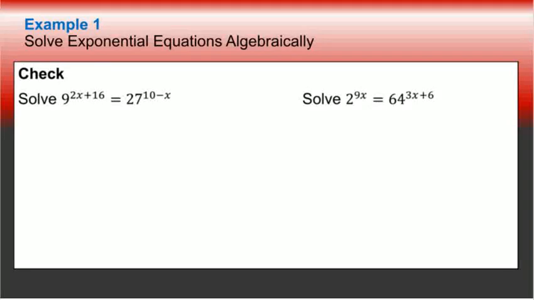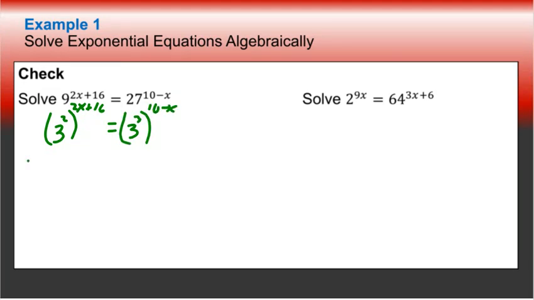Next, solve these. I need to have the same base. So here, the common base I can use is 3. I can rewrite this 9 as 3 squared, raised to the 2x plus 16. This one I can write as 3 cubed, raised to the 10 minus x.